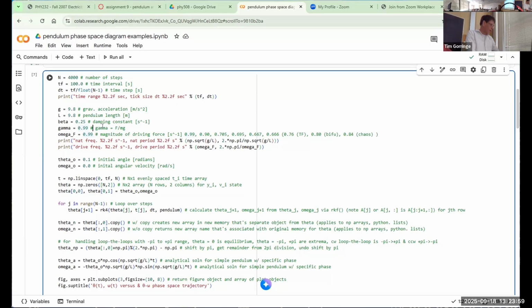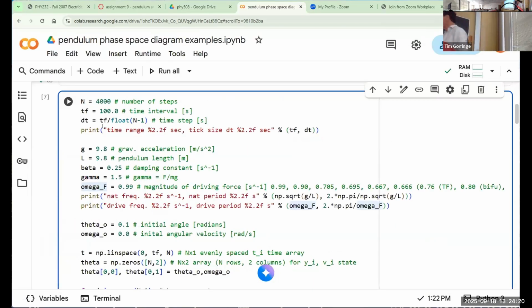No, I'm going to start with actually 1.5. And I'm going to change the omega. So this is going to be my first calculation with the driving force. Sorry, this is not very easy to see. These are the numbers that I happen to pick.